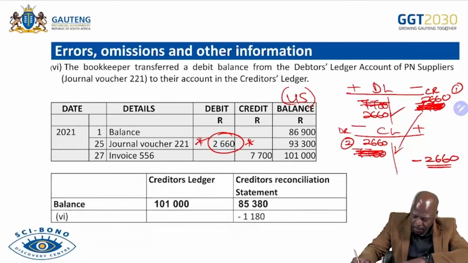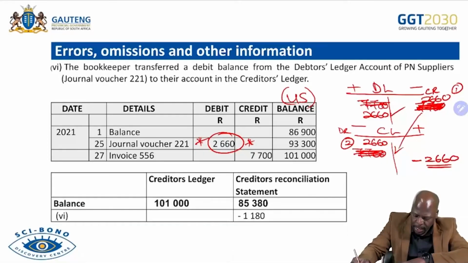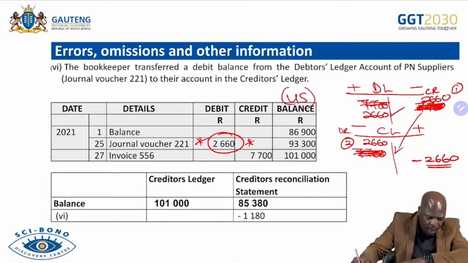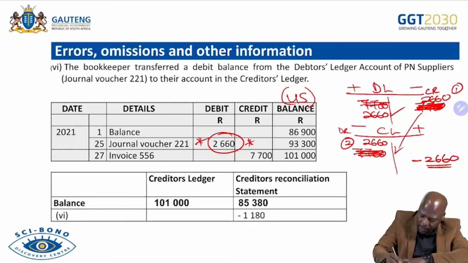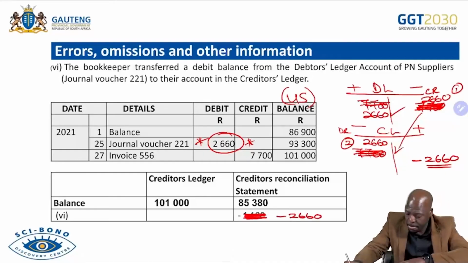So I'm going to come here in the creditors reconciliation statement and say minus 2,660. Okay, let's quickly move on to the next aspect.